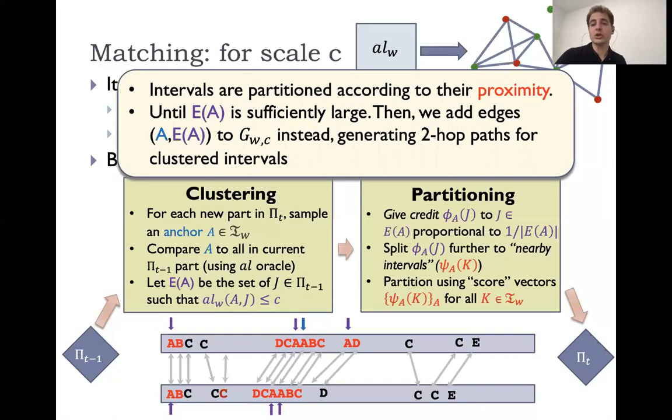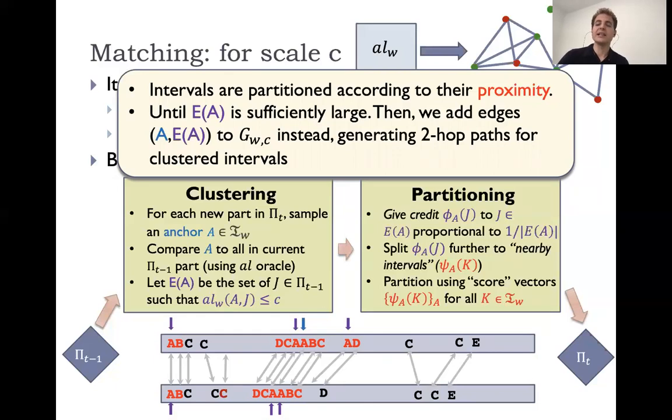We use such color to generate the partition. And we do that until such a cluster is sufficiently large. When the cluster is sufficiently large that it can cover at least 1/λ part of the existing part, then we don't need to do any more partitioning.